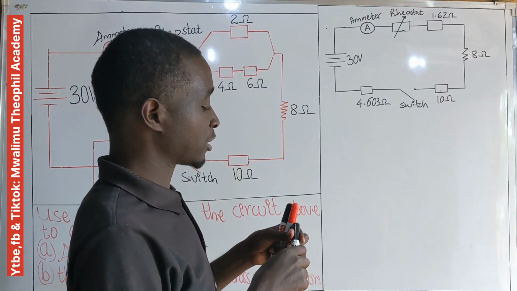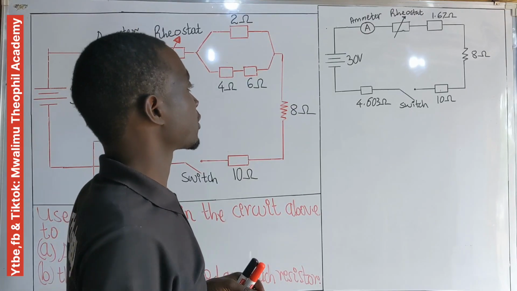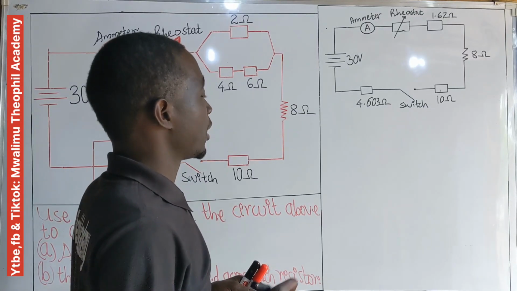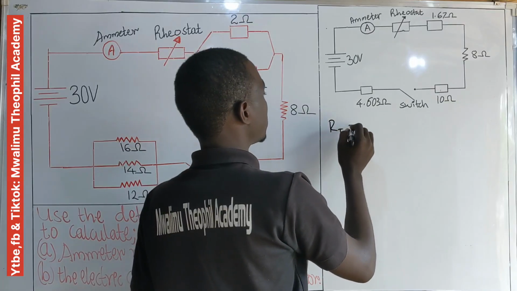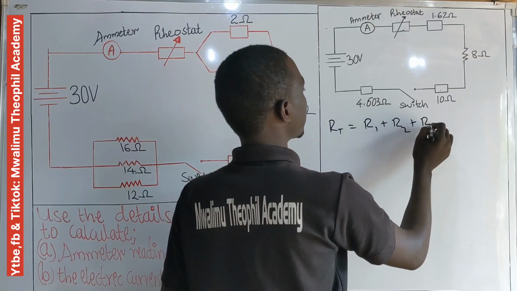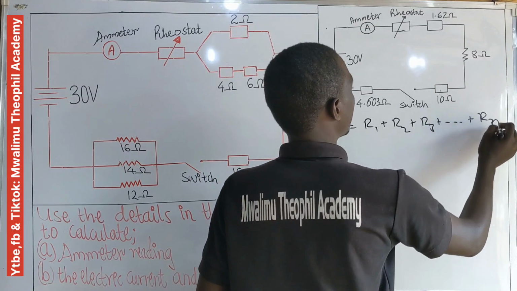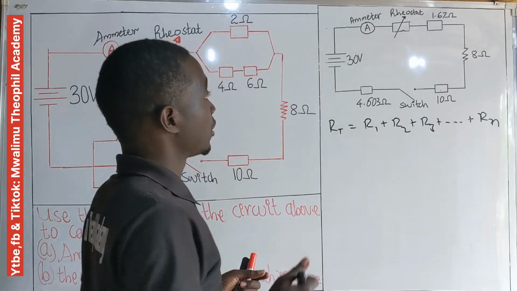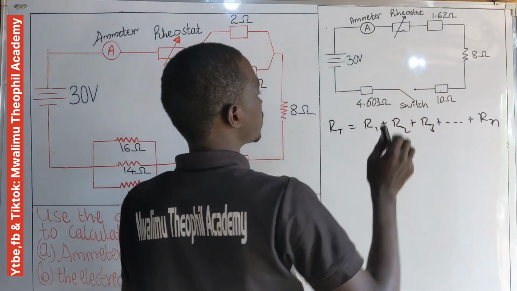As we said before, if the resistors given are in series, we just add the present resistances. Now we say that R total is equal to R1 plus R2 plus R3 plus dot dot dot plus Rn, provided that the resistors are in series. In this circuit we have 4 resistors.